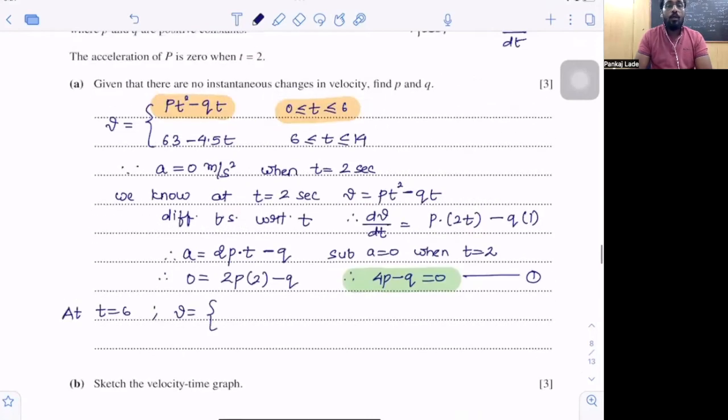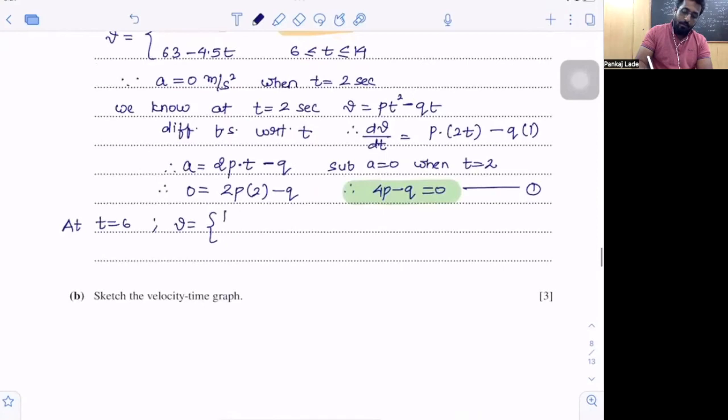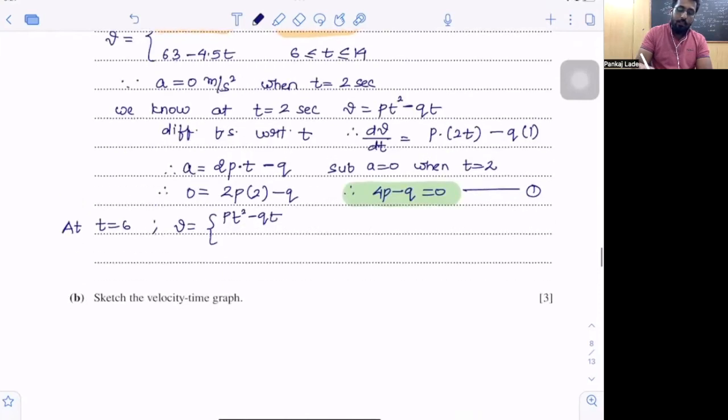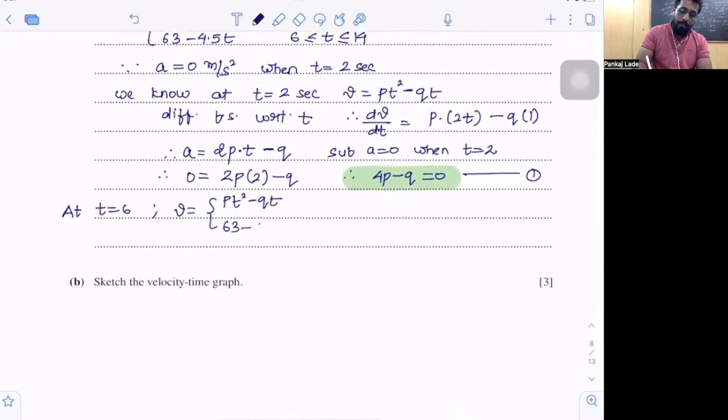First equation is pt square minus qt, and the other equation is 63 minus 4.5t. At a given instant, a particle cannot have two different velocities, isn't it? The particle needs to have exactly the same velocity.